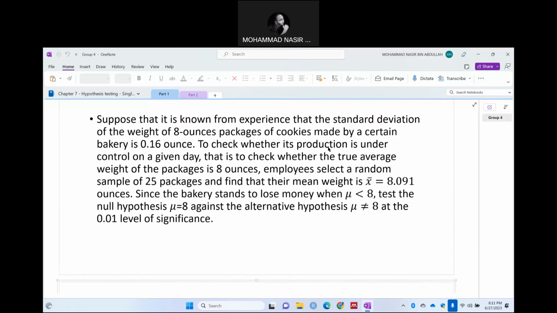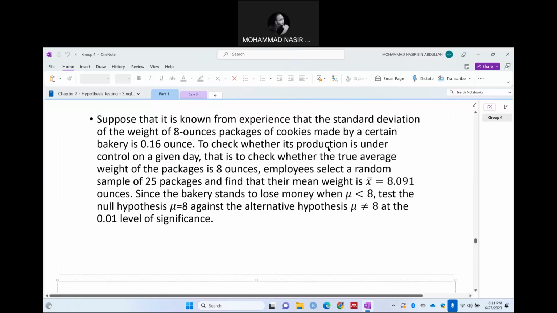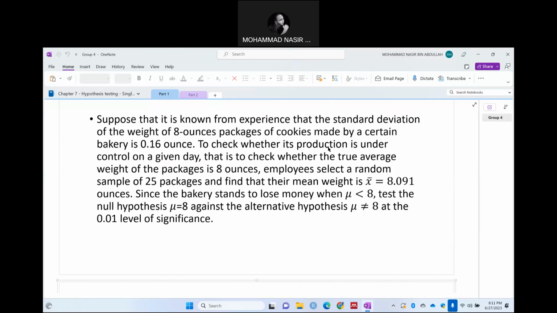For test statistic, there are two types, which are mean and proportion. For mean, there is population variance known and population variance unknown. For population variance known, we use Z distribution.